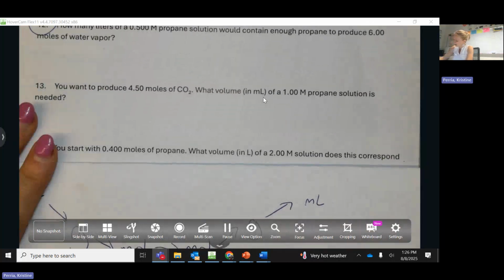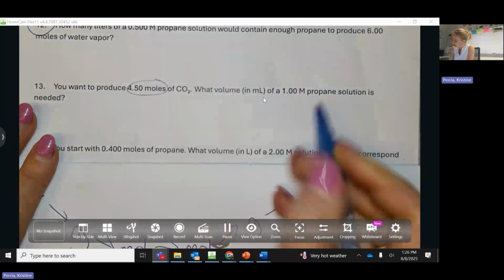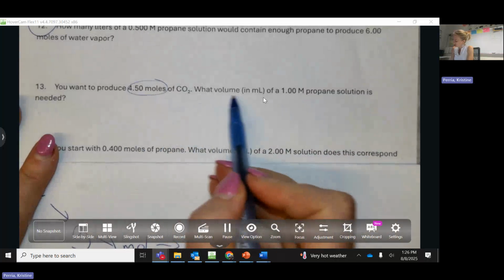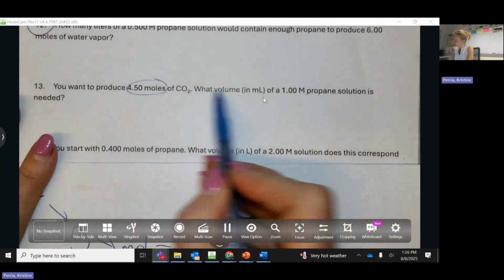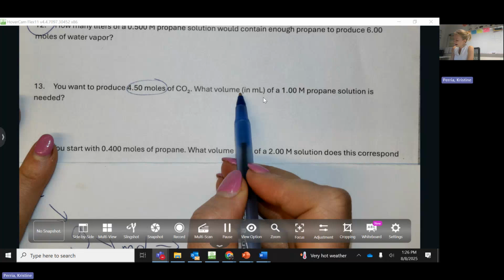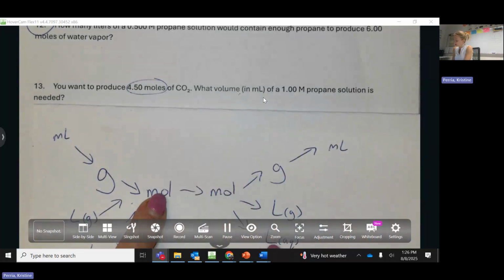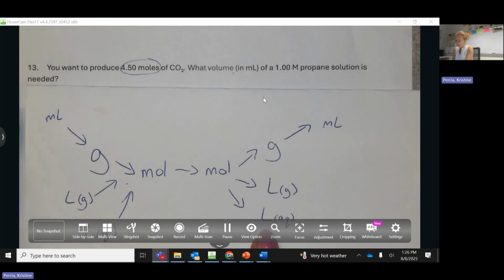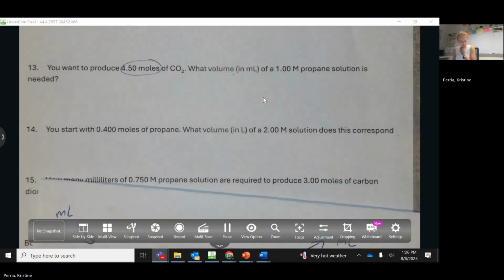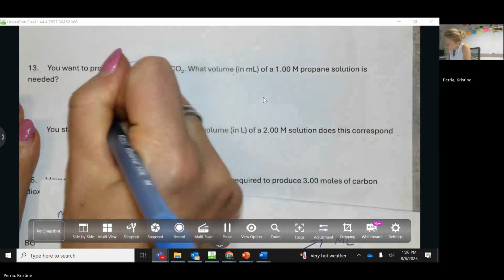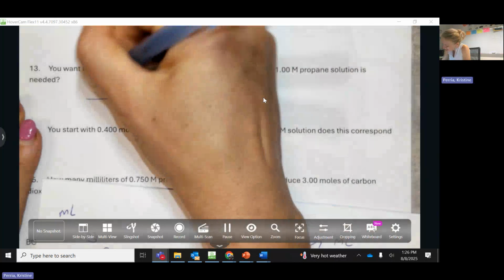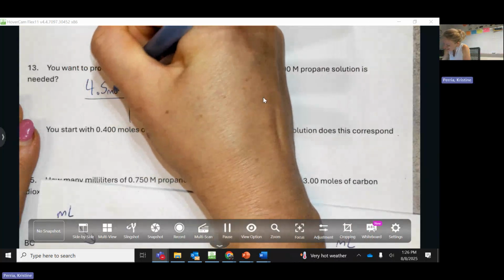Number 13, you are starting with moles and you're going to volume. This is going to be of a different compound. Okay. So we're starting with moles and we're going to liters of a different compound. So that's going to be 1, 2, 3 steps. So I'm going to start with 4.5 moles right here.